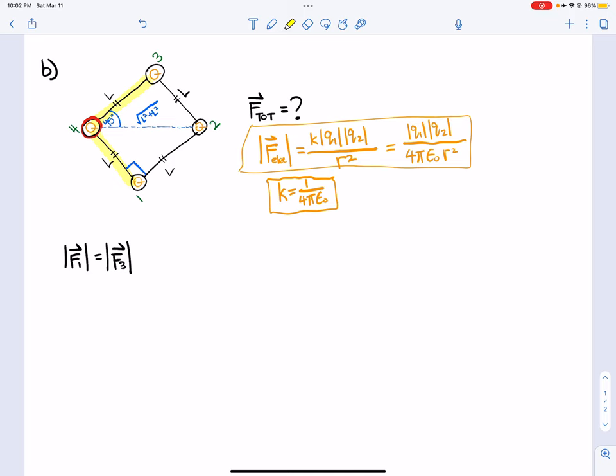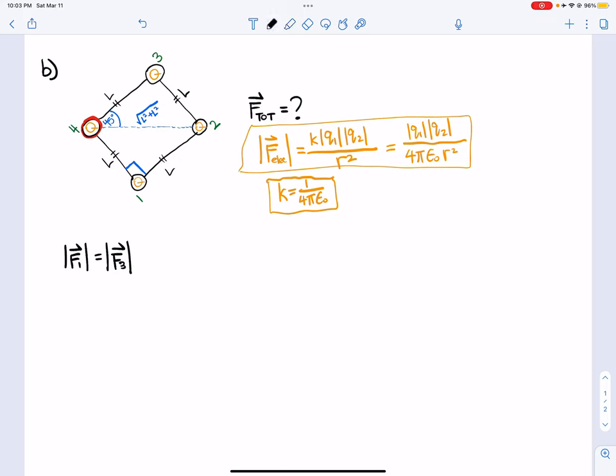Also, we have the same charge for every point, so we have charge Q here, and charge Q here. So they will be equal based on this formula, right? K is a constant, Q1 is capital Q, Q2 is capital Q, and R squared is just L squared, because that's the distance between our charges.